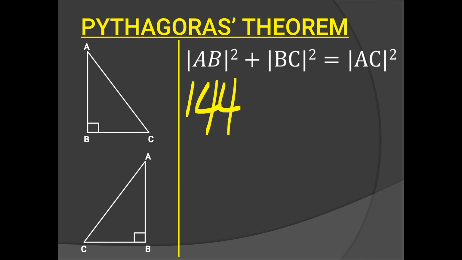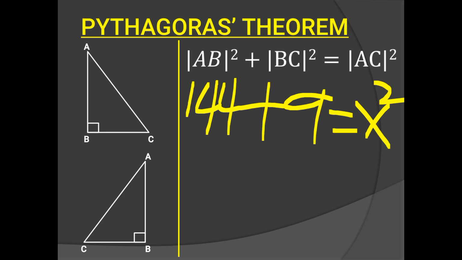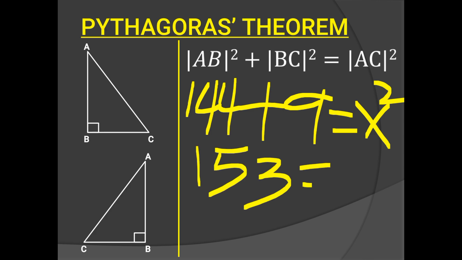Am I right? Yes. And then plus 3 squared. 3 squared is 9. That should be equal to x squared. 144 plus 9, what do we have? That is 153. That's equal to x squared.